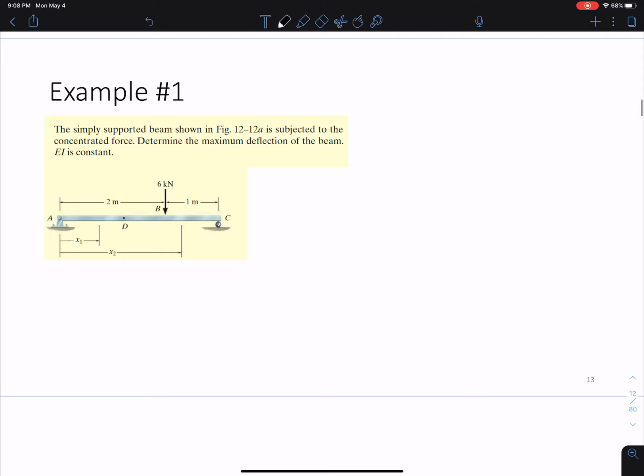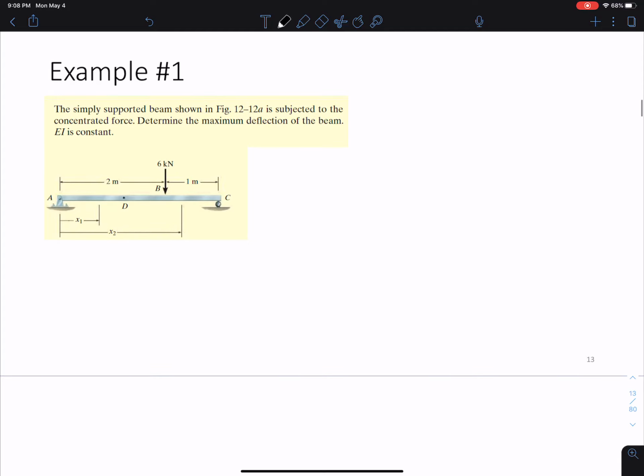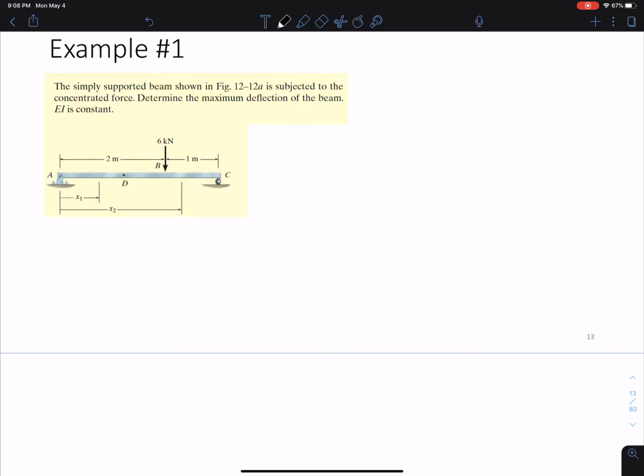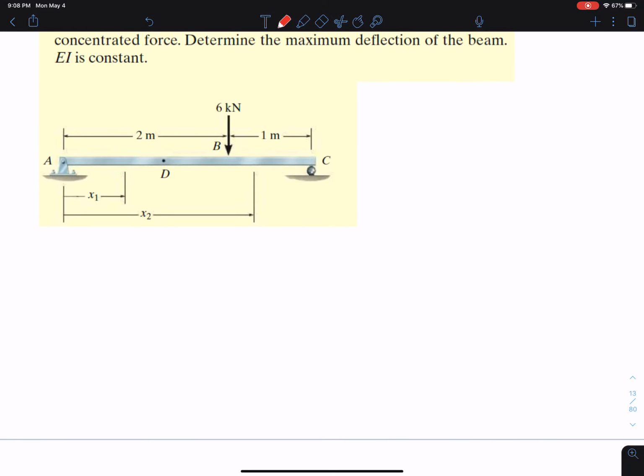Okay, so let's get into an example now. We have a simply supported beam, and it's subjected to this concentrated force that's shown, and we want to know what the maximum deflection of this beam is. Okay, so the first thing we're going to do is draw the elastic curve here. And I'm going to show you how we can do that without having to draw the moment diagram when it's a simple loading like this. So at point A, we know that we can rotate, but we can't have any deflection.